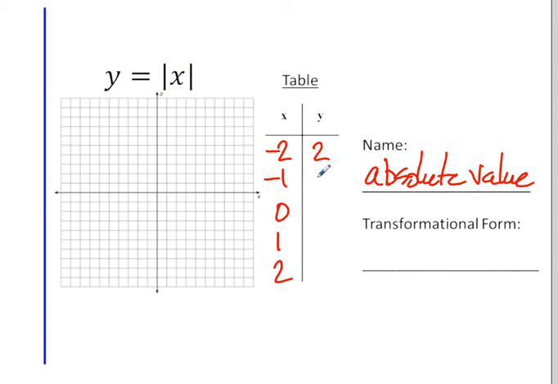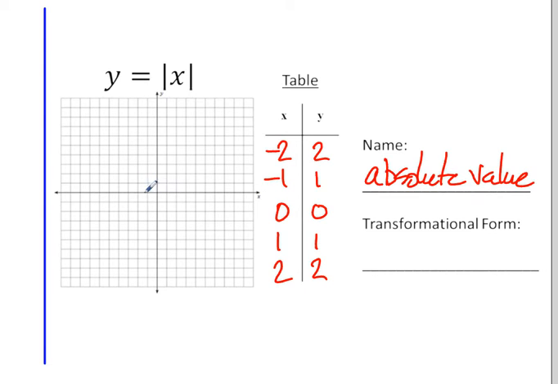That's what absolute value does. It is the full positive version of any number. -1 absolute value would just be +1. The absolute value of 0 is still 0. Since 1 is already positive, the absolute value of 1 is still 1, and the absolute value of 2 is still 2. Basically, absolute value gives you all positive values.